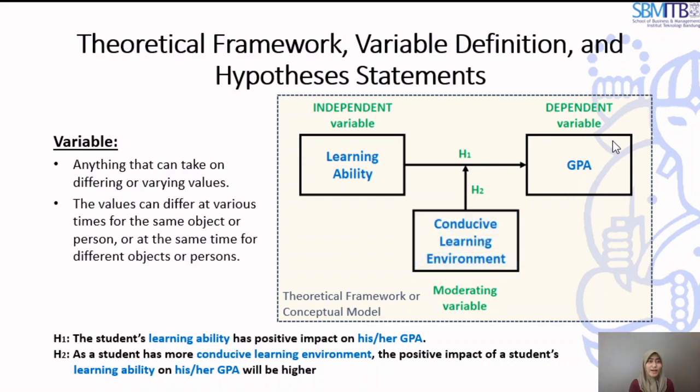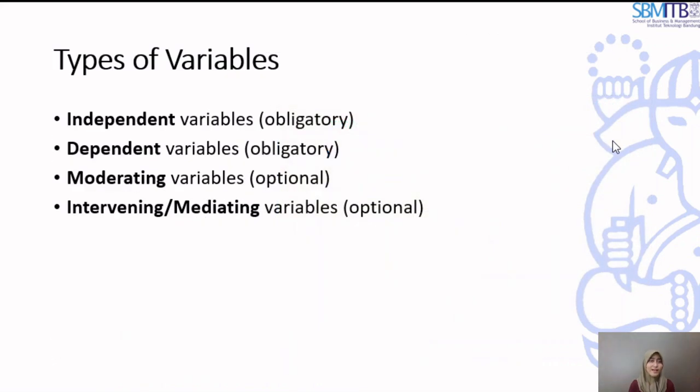Okay. Now let's talk about the roles or types of variables. In positivist research, there are 4 commonly known types of variables. 2 are compulsory and the others are optional. The compulsory variables are the dependent and independent variables.